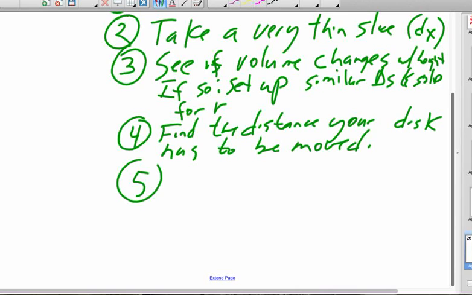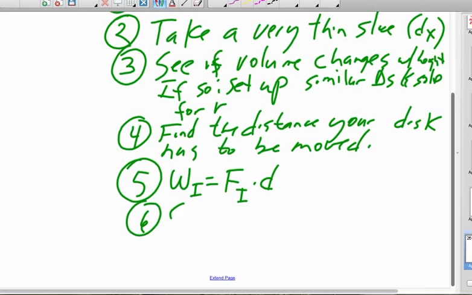And then step number 5, your individual work is going to be the individual force on that disk times the distance. Step number 6 is you integrate your individual force over your balance.